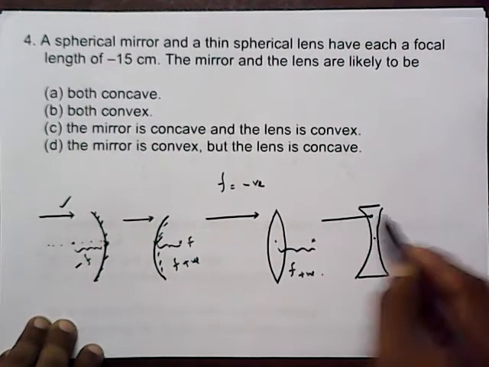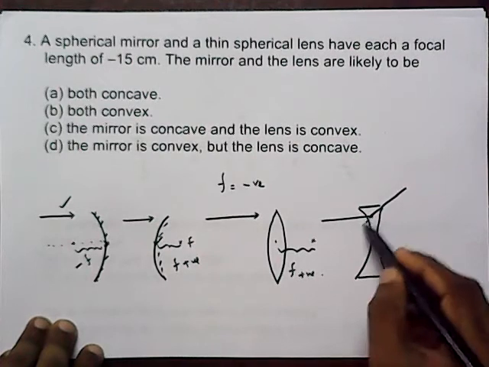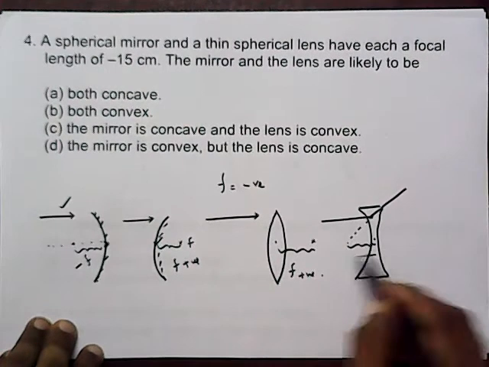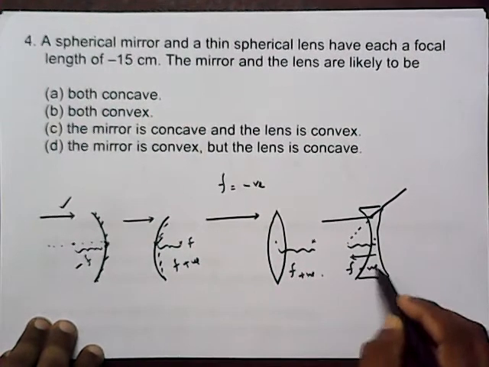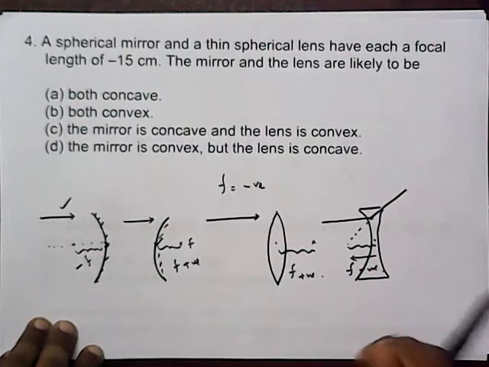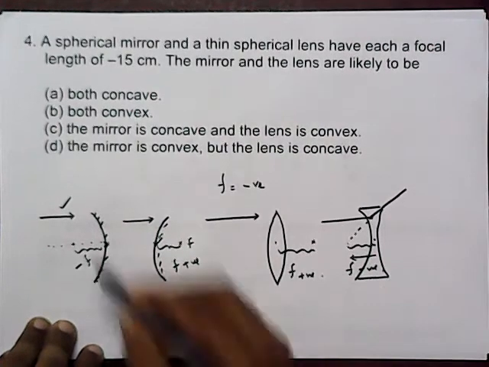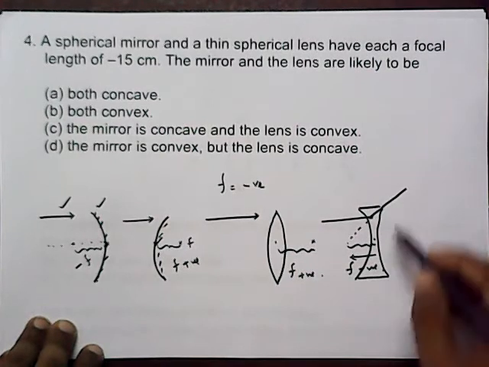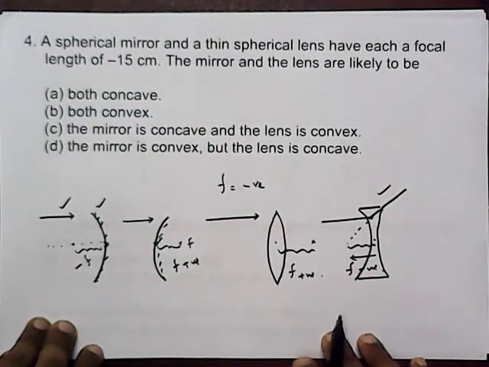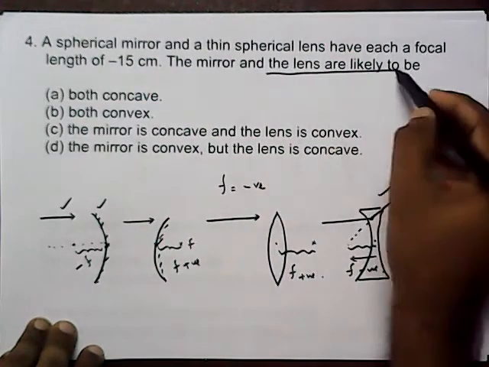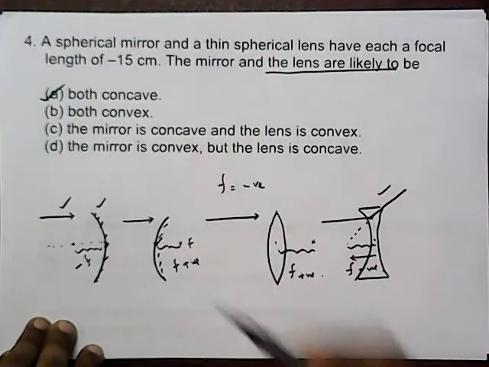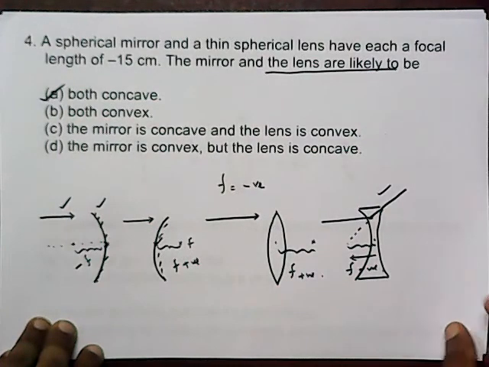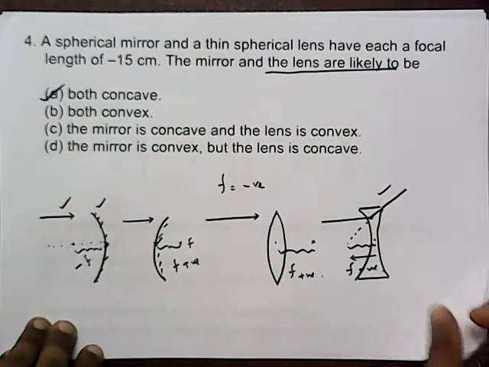But for the convex lens and concave lens, we measure in the opposite direction for concave, so F is negative. That is a very important one. So F is negative for concave mirror and concave lens. So the mirror and the lens are likely to be both concave. A good question.